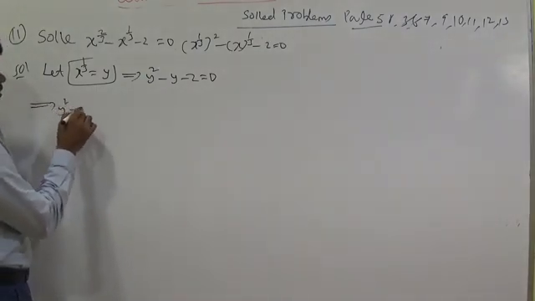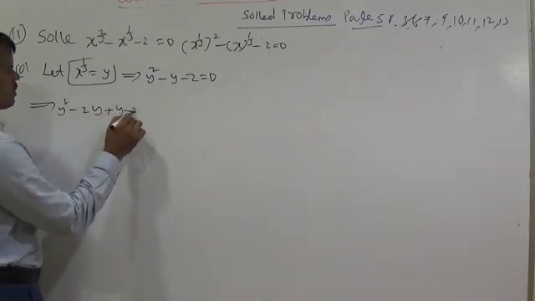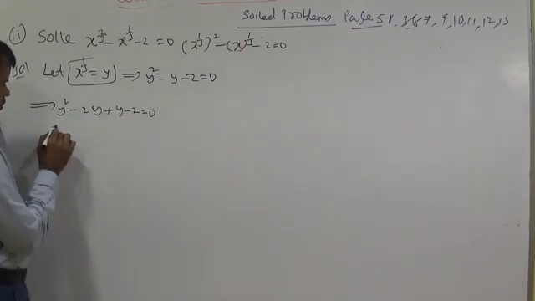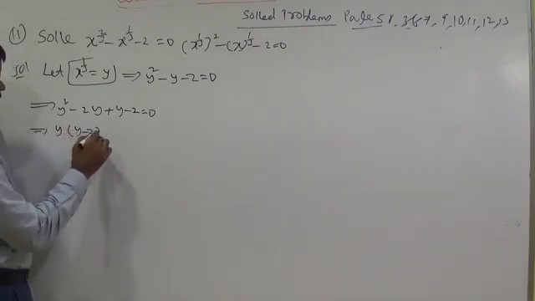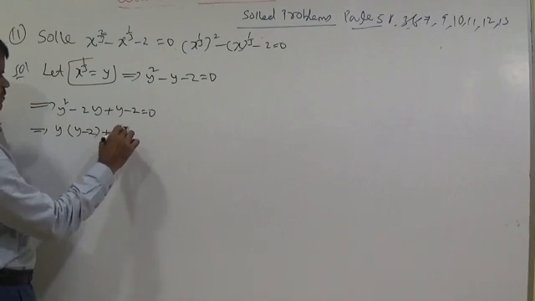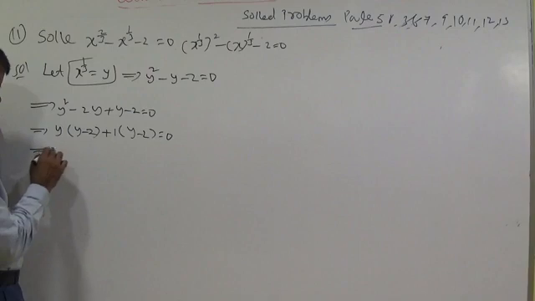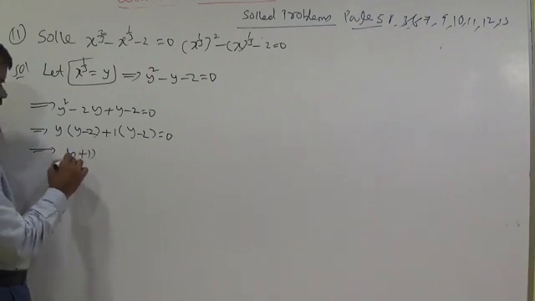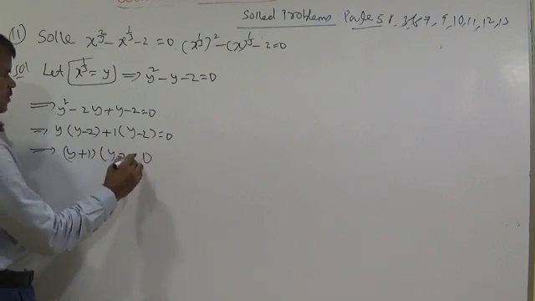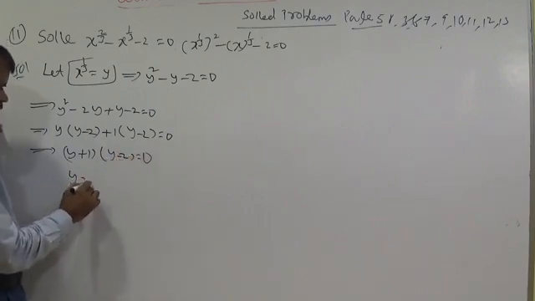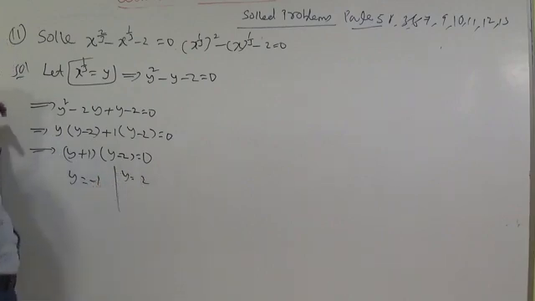Then by splitting the middle term we can write y square minus 2y plus y minus 2 equal to 0. That implies you take y as a common, it becomes y into (y minus 2) plus 1 into (y minus 2) equal to 0. That implies (y plus 1) into (y minus 2) equal to 0. Therefore, y is equal to minus 1 is a root and y is equal to 2 is a root.